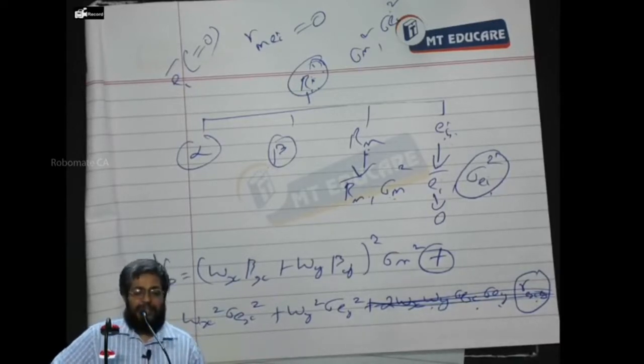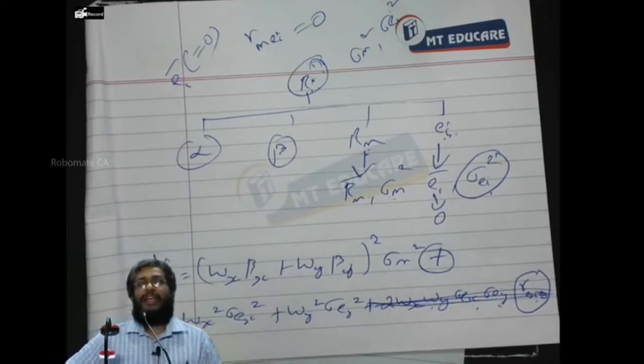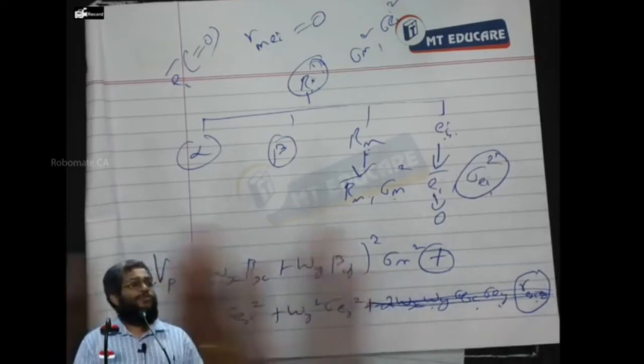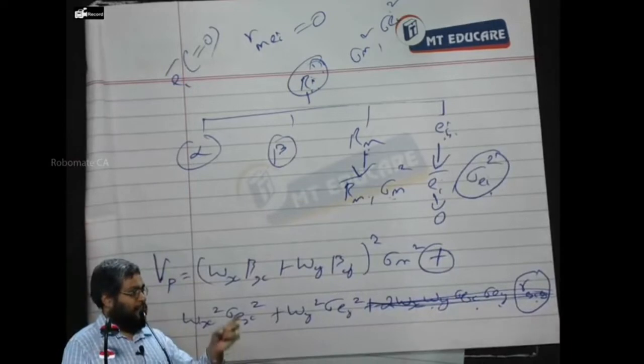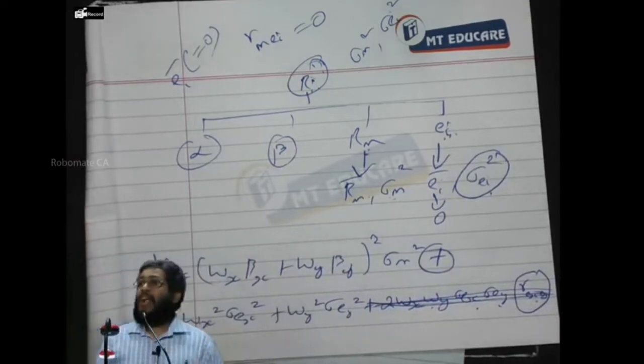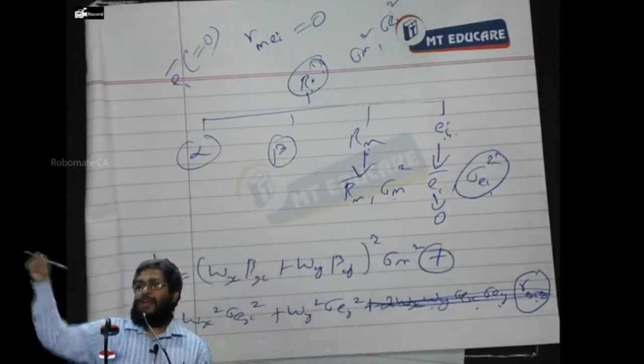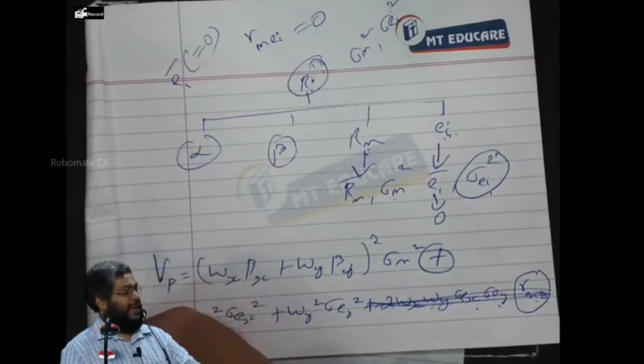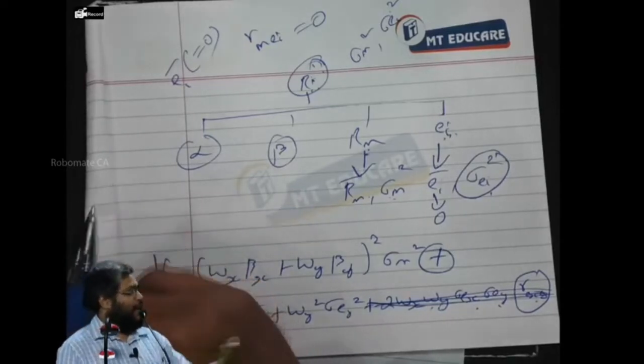Point number 6. It is empirically proved. There are two ways of proving something. One is through mathematics or statistics. Another is through the practical, showing that in all these companies there is no correlation. One can prove empirically.